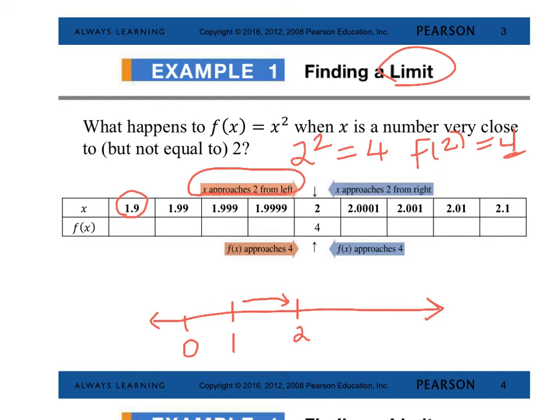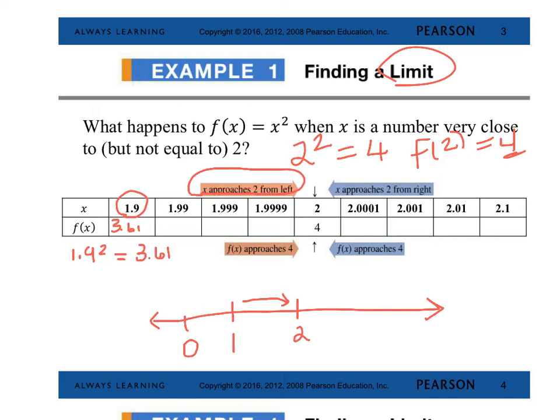So we could square 1.9. Using a calculator and squaring 1.9, we see that 1.9 squared is 3.61. So in the table we'll enter 3.61. And then we're going to do the same thing.